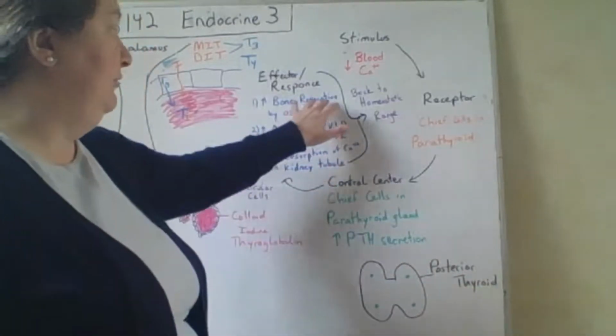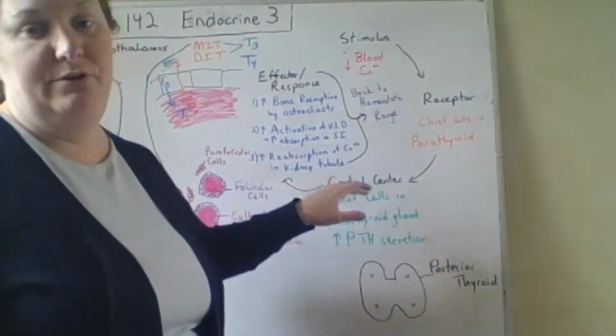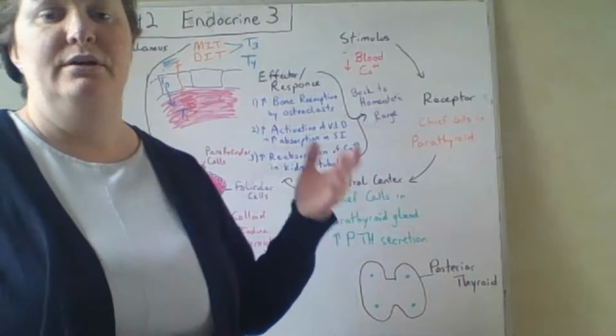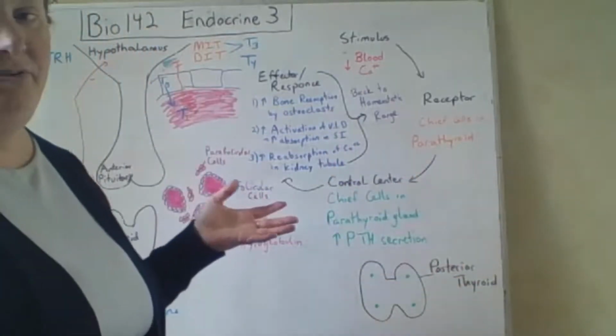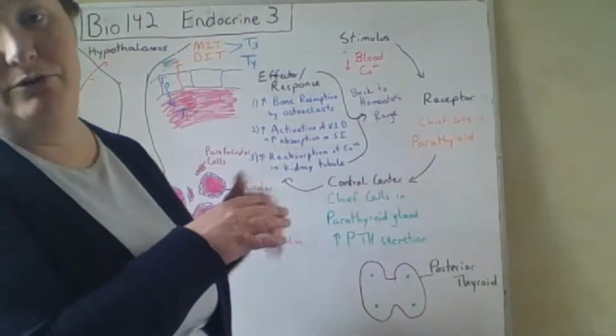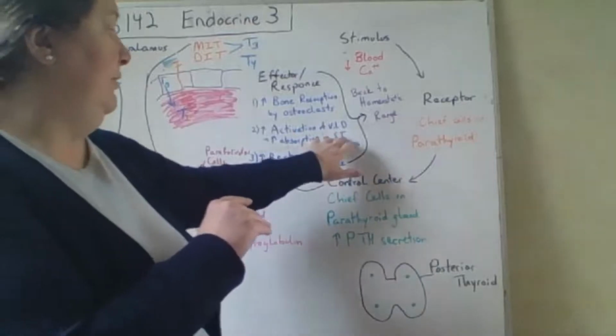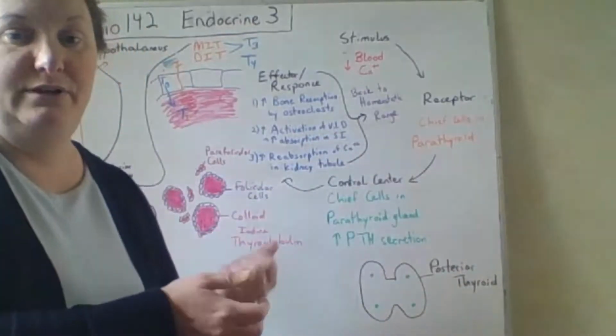So you have resorption, absorption, and reabsorption in this case. And that is what parathyroid hormone is doing. Does that make sense? I'm pulling from the bank, getting a second job, increasing my absorption in the small intestine, and spending less. I'm getting rid of less in the kidney.